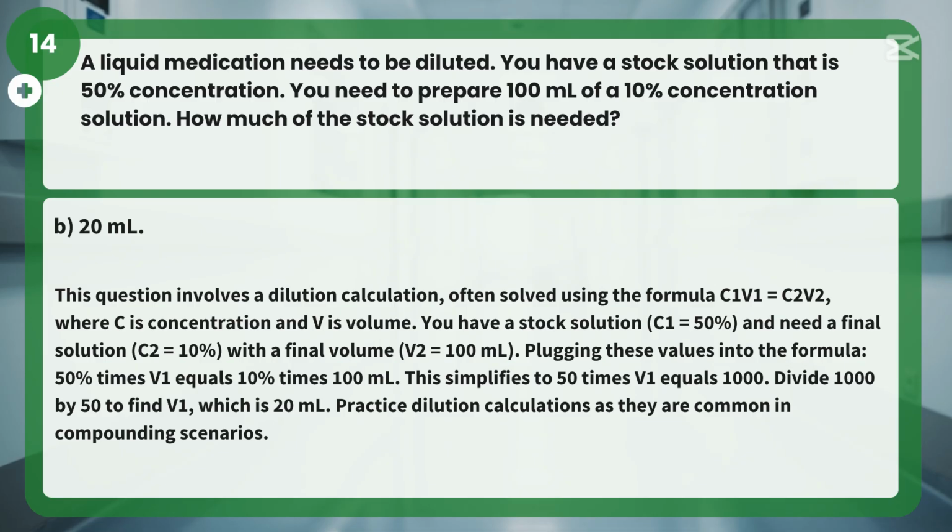Plugging these values into the formula, 50% times V1 equals 10% times 100 milliliters. This simplifies to 50 times V1 equals 1000. Divide 1000 by 50 to find V1, which is 20 milliliters. Practice dilution calculations as they are common in compounding scenarios.